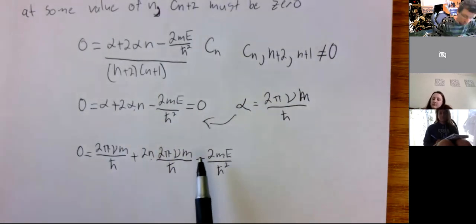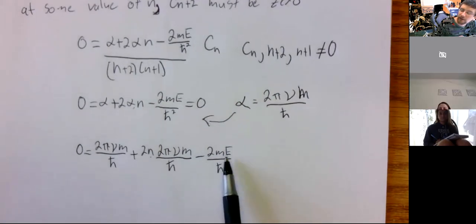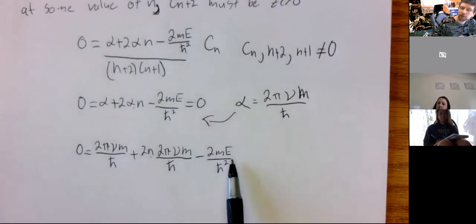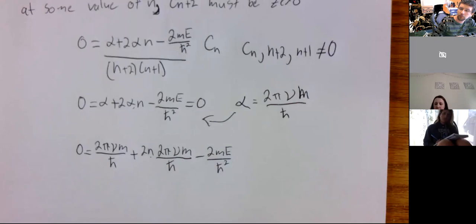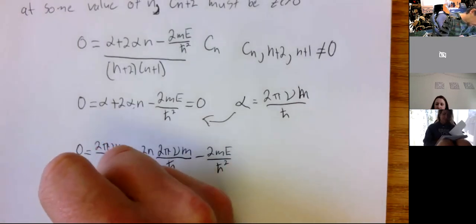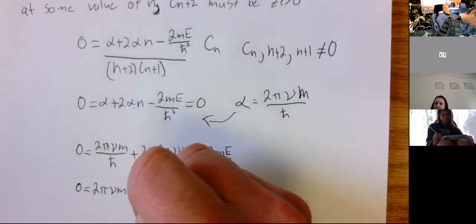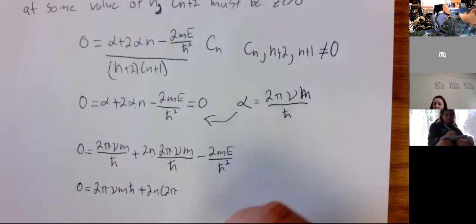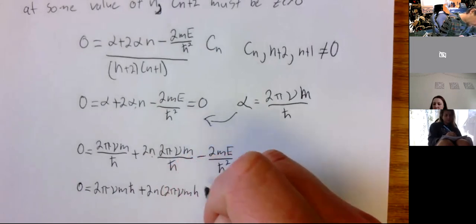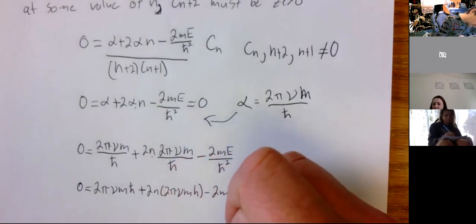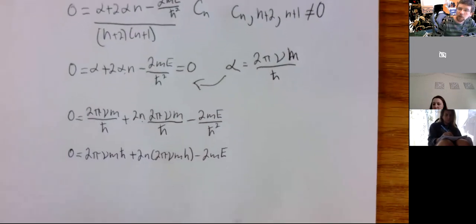All right, now the goal of this is we want to solve for E. So what would you do to solve for E? Multiply everything by h bar squared. Yeah, if we multiply everything by h bar squared, we get rid of that stuff. Anything else?